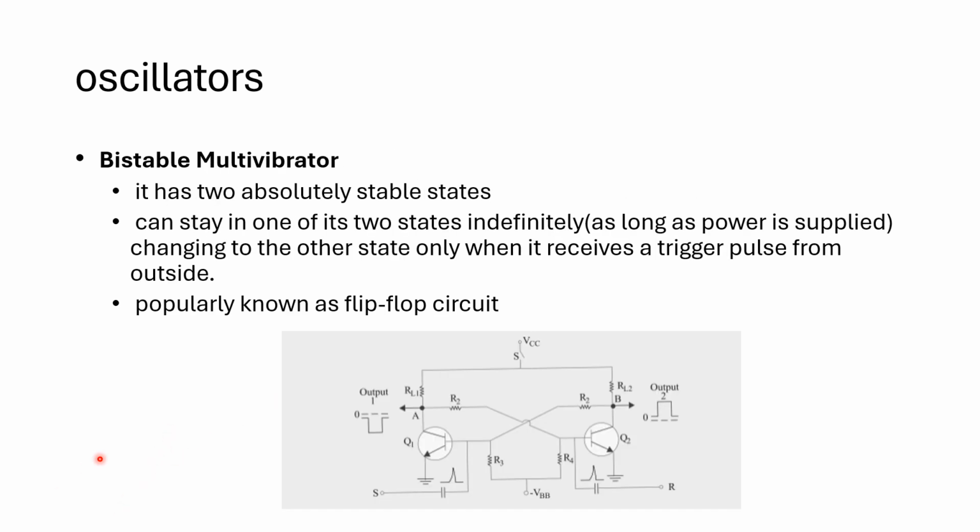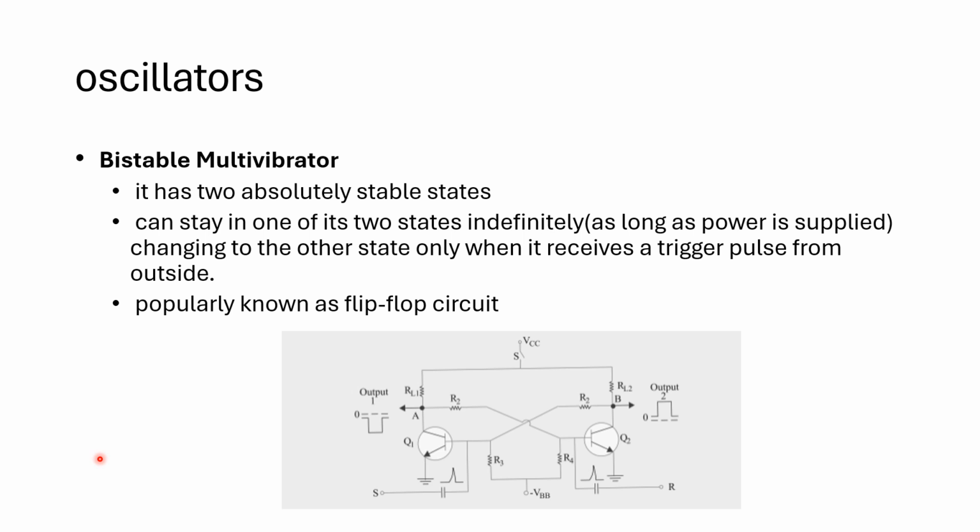Lastly, we have the bistable multivibrator. The bistable multivibrator has two absolutely stable states. It can stay in one of its states indefinitely as long as power is supplied, changing to the other state only when it receives a trigger pulse from the outside.